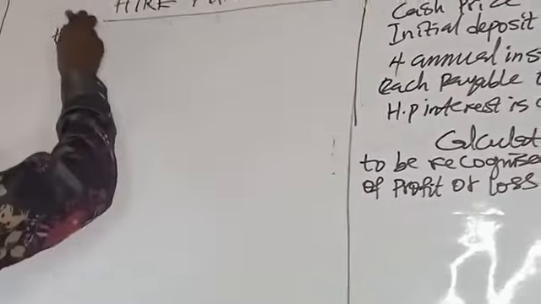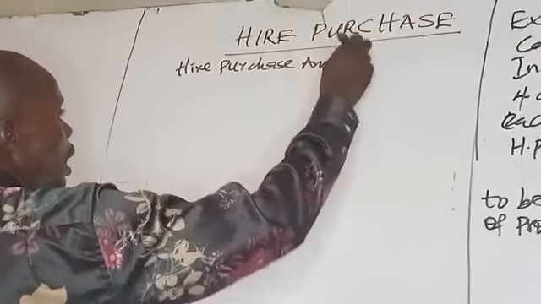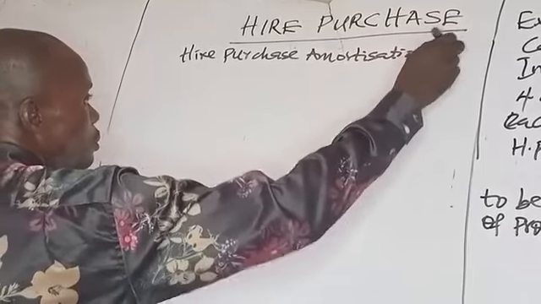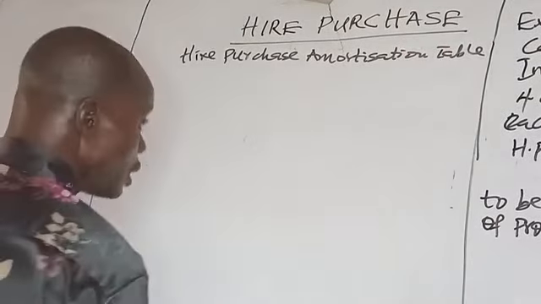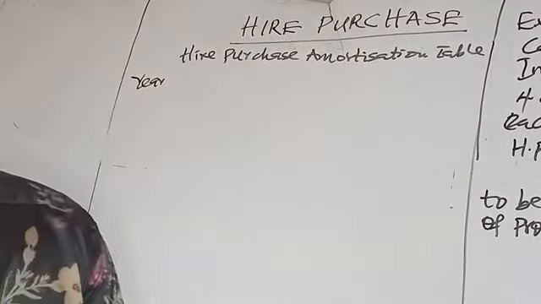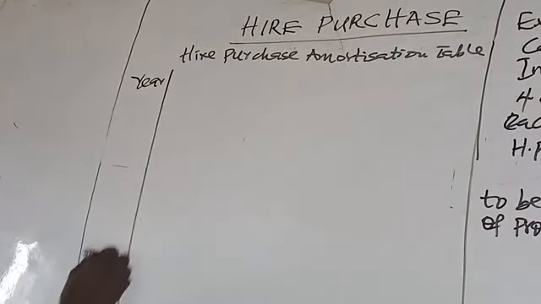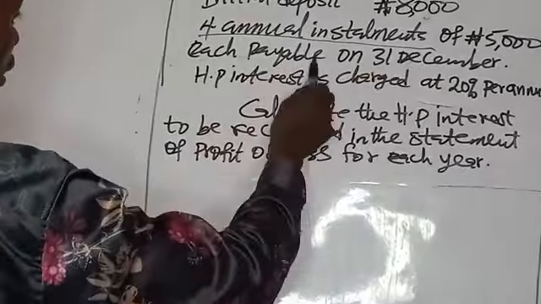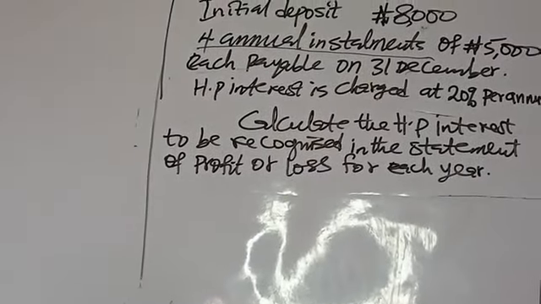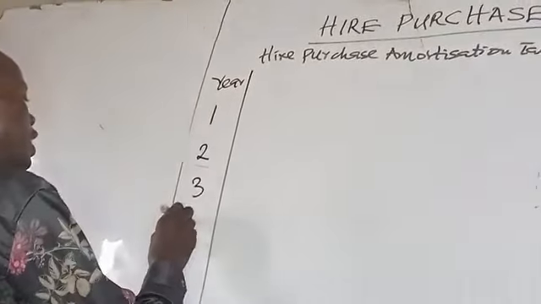Now, let's have the amortization table. Hire purchase amortization table. So we have year, four annual installments of 5,000 payable on December 31st each year. So we have 4 annual installments: 1, 2, 3, 4.